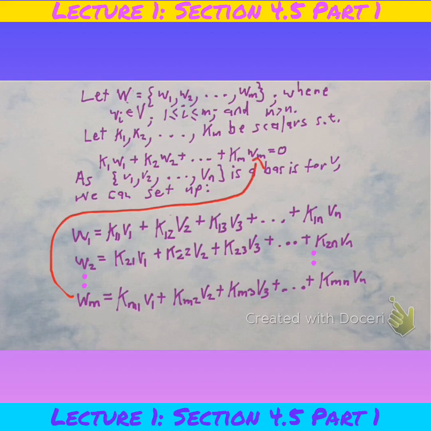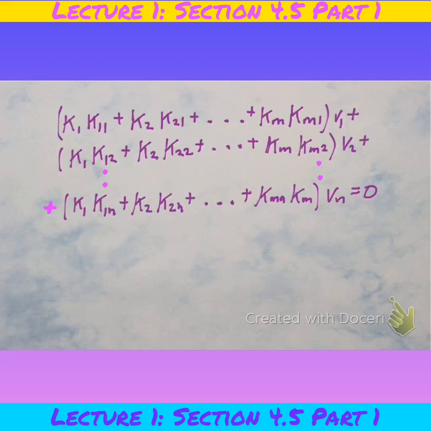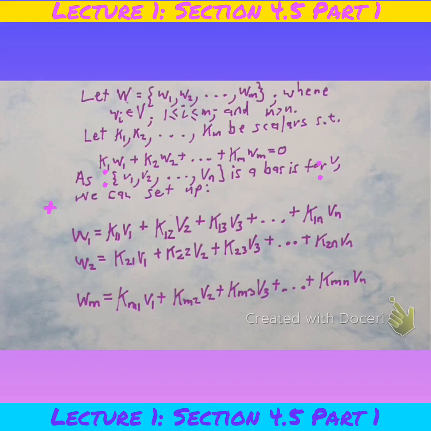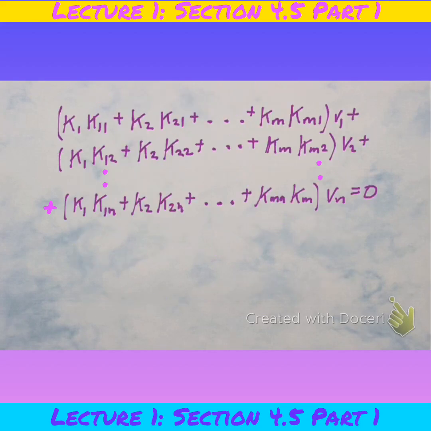Then we find a new set of equations, and we can simplify and get the following. As I previously said, you do the substitution and gather the terms attached to V1, V2 up until Vn, and you get this equation here.